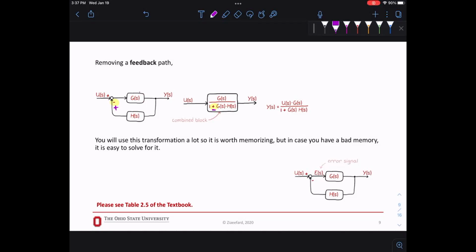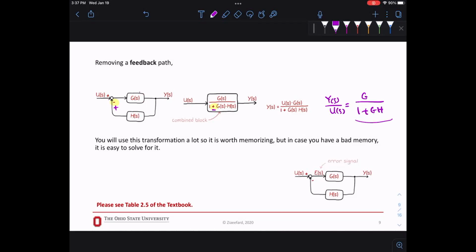So now you see that Y(s) is this block times U(s). The transfer function, which we will see later, would be G over 1 plus GH. This is a filter. We're going to get there because that transfer function could be things that we want to apply or control our system with. All right, so you can either remember this or you can derive it if you forgot.